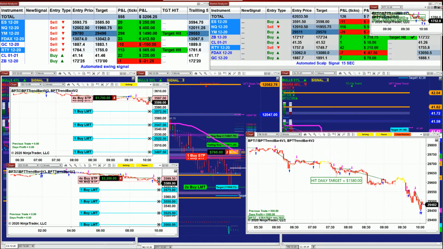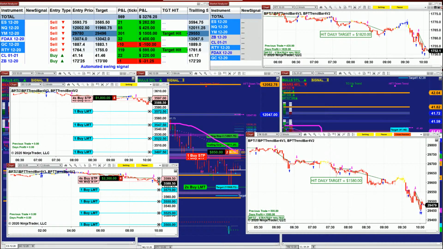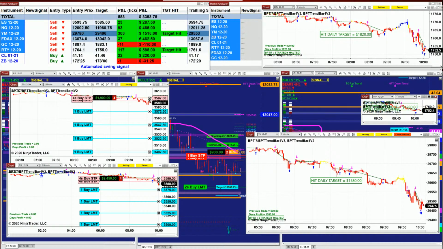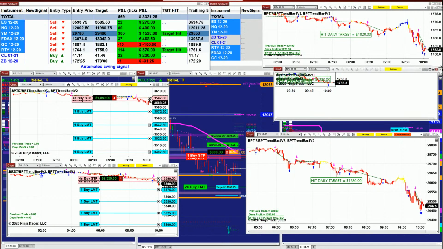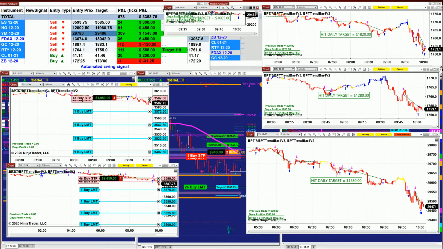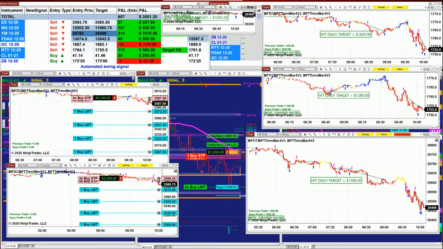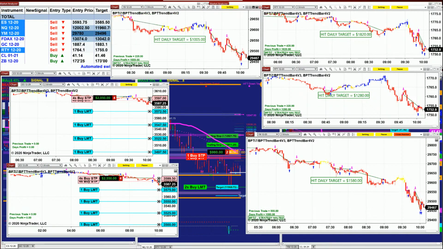On the Russell, we already hit the target within half an hour. The Russell 2 minutes, the Russell, all of them are the same template. I mean, there is no different template. YM hit the target. They all just closed right now.